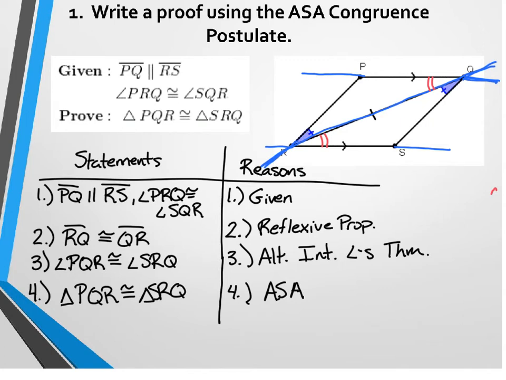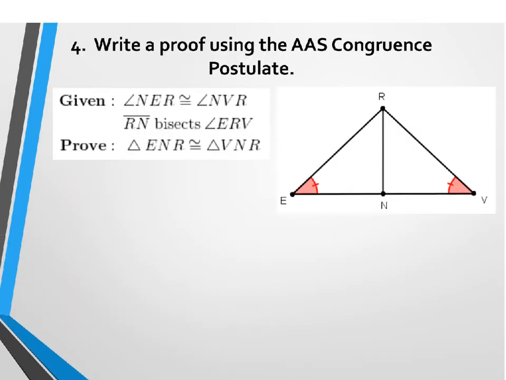Okay, let's do one more proof. In this one, we're going to be using the angle side congruence postulate in order to prove these 2 triangles congruent. So let's get started on that. First of all, we are already given that these 2 angles are congruent to each other, and we know their common side is congruent.